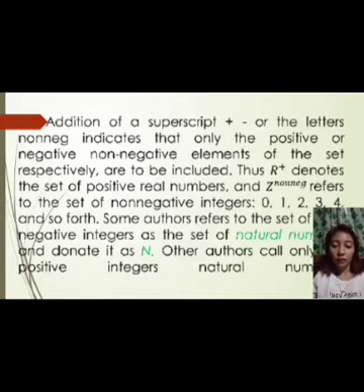Some authors refer to the set of non-negative integers as the set of natural numbers, and other authors call only the positive integers natural numbers.